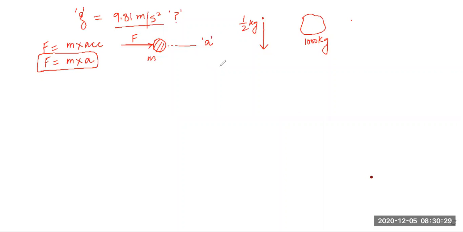According to the universal law of gravitation, consider one object of mass m1 and another object of mass m2, and the distance between their centers is d. Then the force between them is equal to G into m1 into m2 divided by d square.